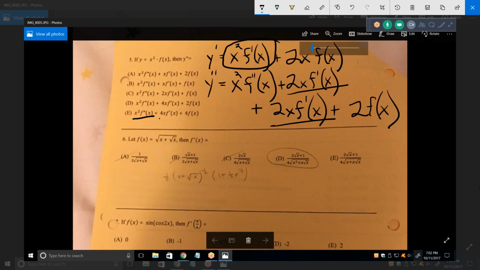The second term is the same. The only thing left is that. So the answer is D. And notice that we never figured out what f of x is. We didn't care. We just applied the product rule.